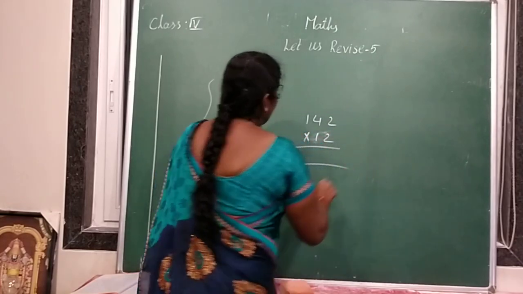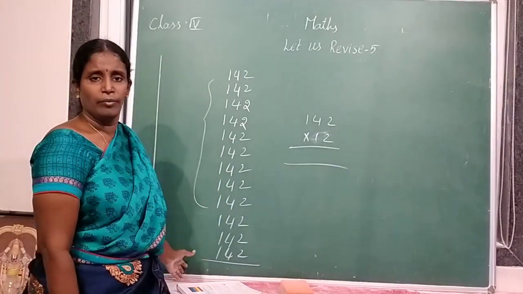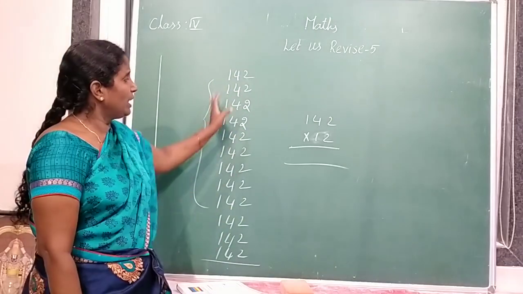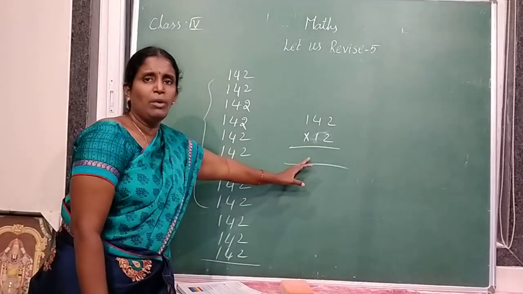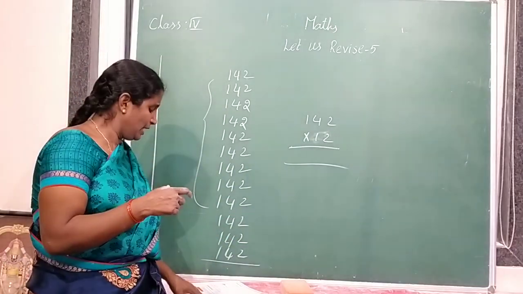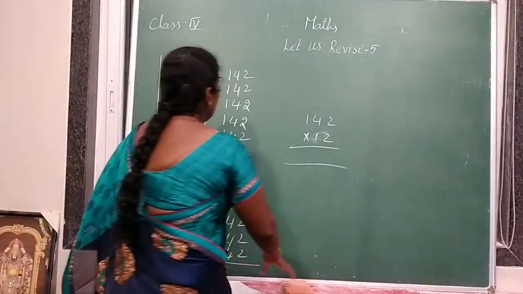This is the simple method. So to find the total number of pencils in a given number of boxes, we have to do the multiplication.